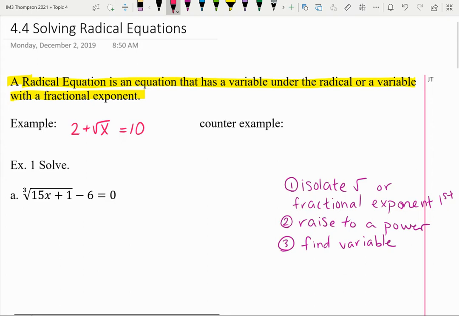A counterexample, which is like a non-example, would be this. Yes, I have a radical, but I don't have a variable in that radical, so that does not give me a radical equation. The variable needs to be under the radical.